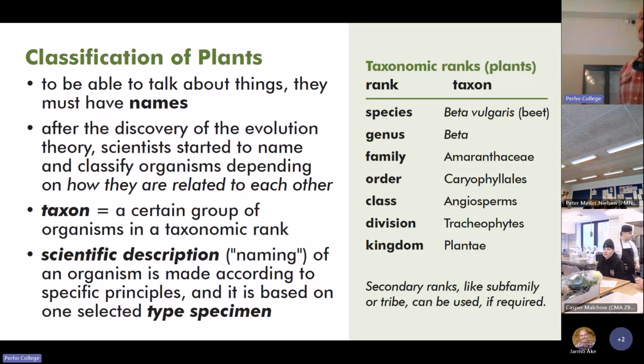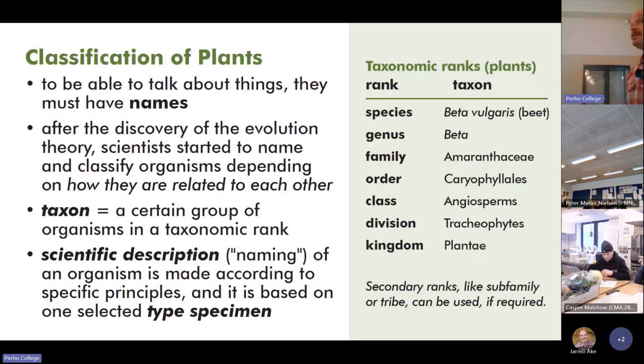And then closely related genera can be gathered together into a family. In this case, Amaranthaceae, or the amaranth family. And on into orders and classes. Here the class is angiosperms, or the seed plants or flowering plants. And then again into divisions.